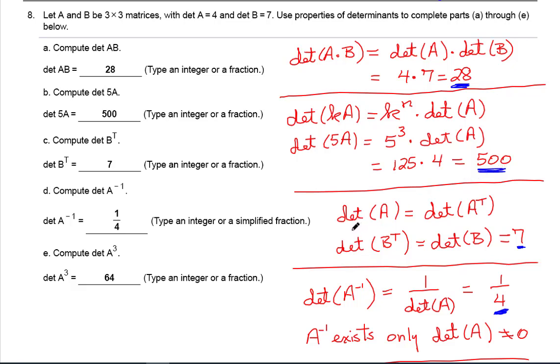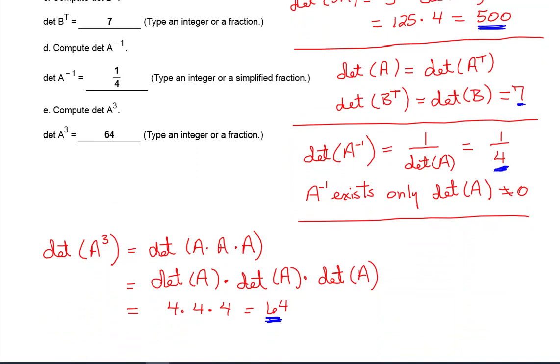What about the determinant of A and its transpose? Well, it turns out that by taking the transpose, I get exactly the same determinant as the original. And so for B, whose determinant is 7, the determinant of the transpose is also 7.